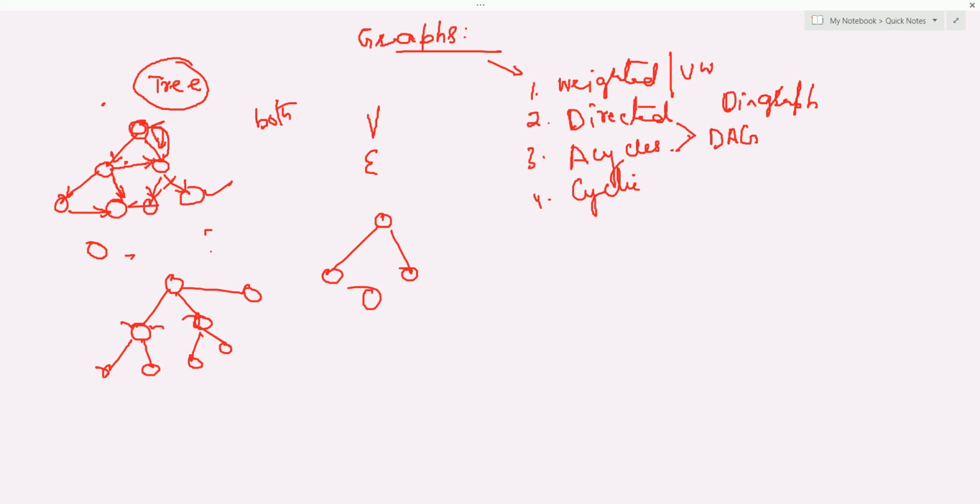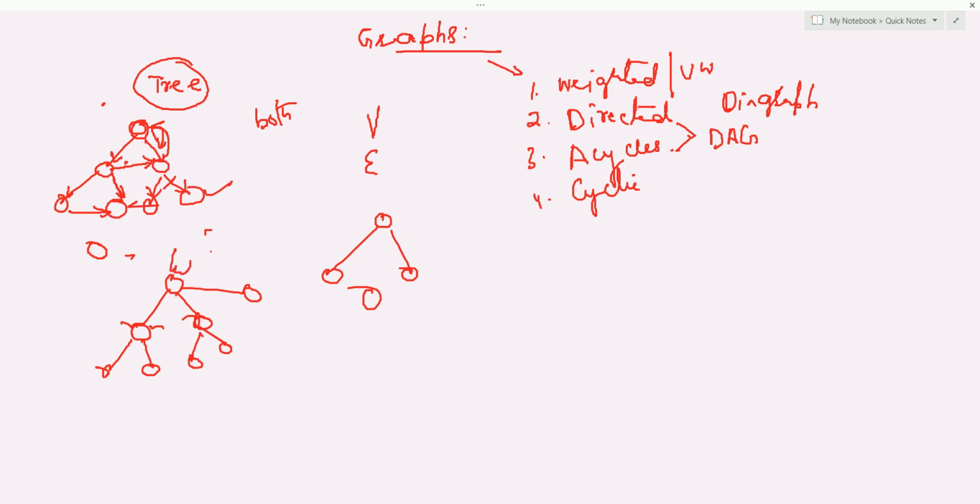Now this is connected, you can go to any node you like. We have a path. It's undirected, we don't have directions. You can go this way or this way, it doesn't matter. It's called a free tree. But the condition is it should be acyclic, connected, and undirected. So we have a free tree because you can pick anything and call it the root.